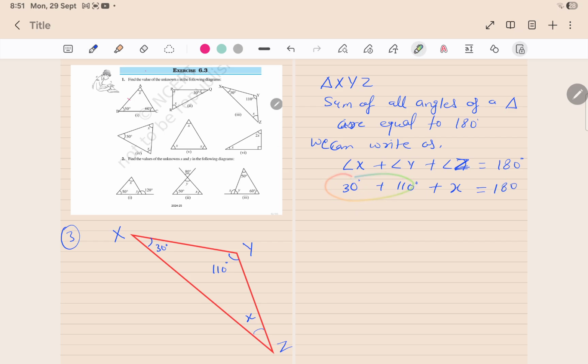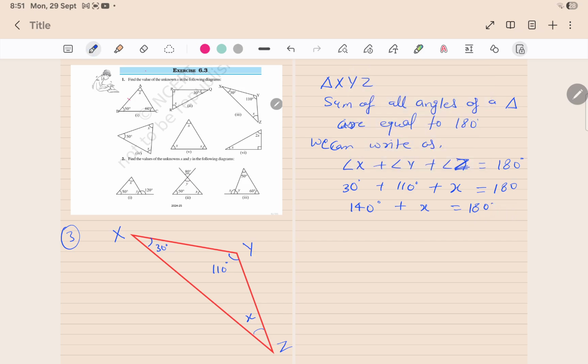We know that 30 plus 110 degrees equals 140 degrees, plus x equals 180 degrees. 140 degrees has a plus sign, but when transferred to this side it will be negative.